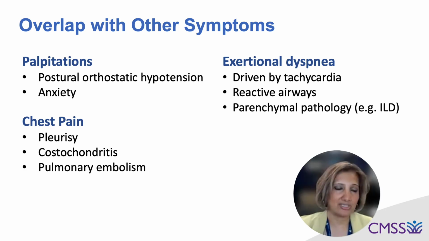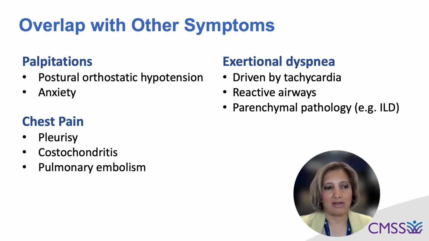For palpitations, there's overlap with postural orthostatic tachycardia syndrome, or POTS, and that's something that is highly prevalent in long COVID patients and should be addressed in terms of assessment and treatment along with the cardiovascular symptoms. For chest pain, costochondritis can also overlap with the symptoms of chest pain in patients with long COVID.